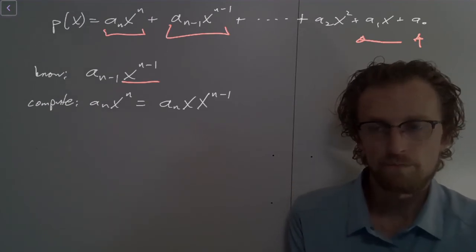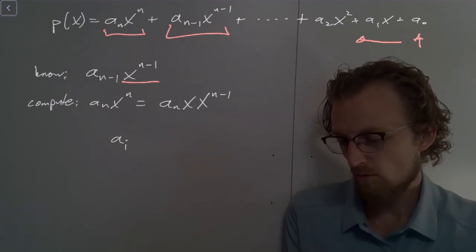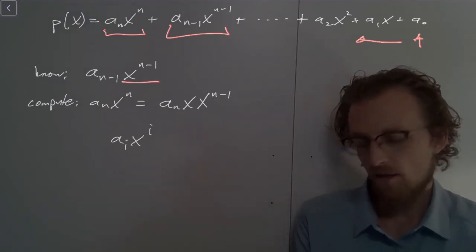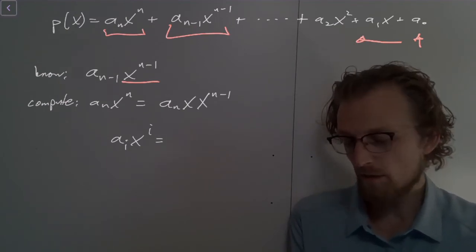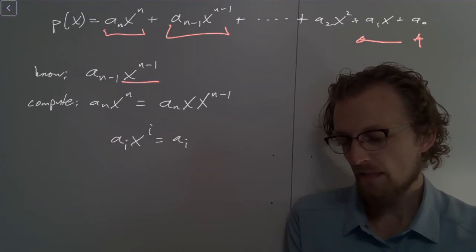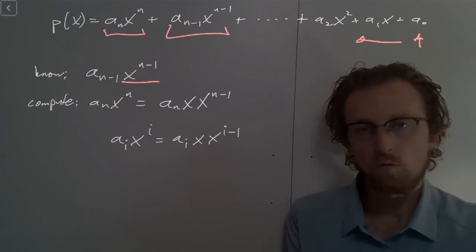And everything is fine. Right? And so every time I write a_i x to the i, this is always something I can write, as long as i is greater than 0, as a_i times x times x to the i minus 1.